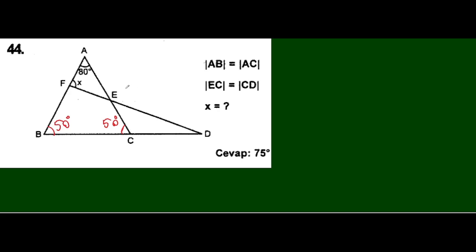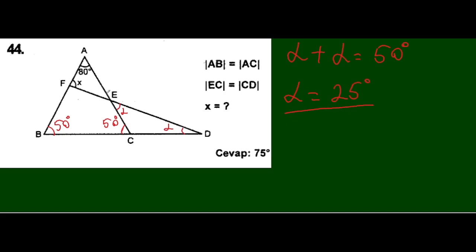So the next is this one. EC is equal to CD. EC here, put alpha here, and CD here alpha, and they are equal. The secret term again is that alpha plus alpha has to give us 50 degrees, and they have to be equal, so alpha here is 25 degrees.